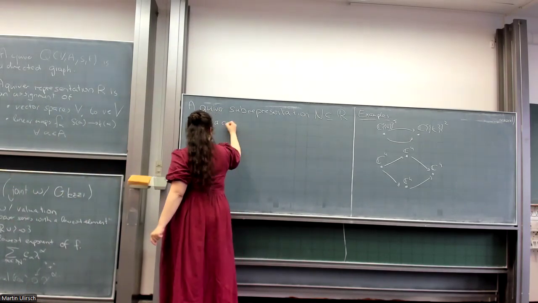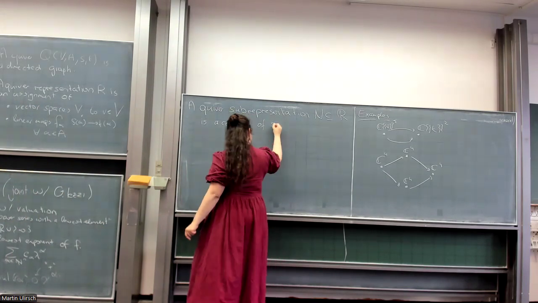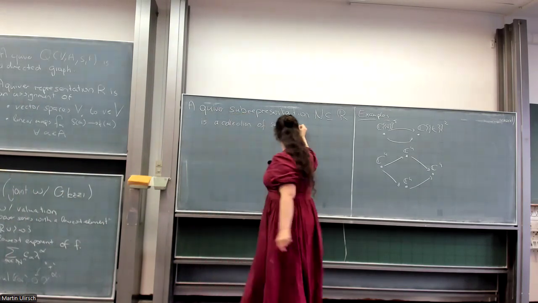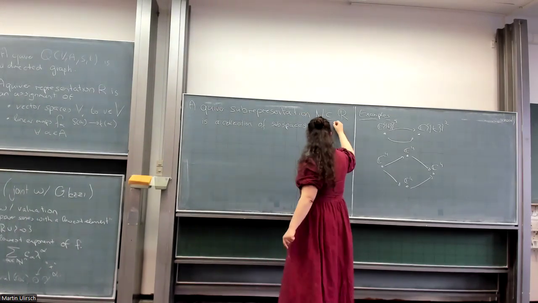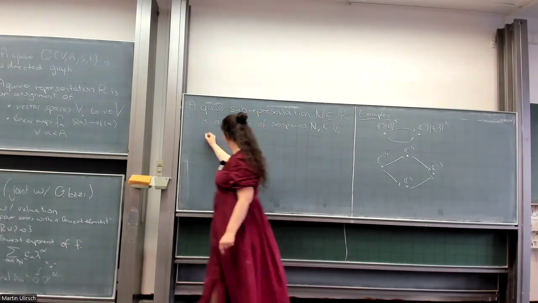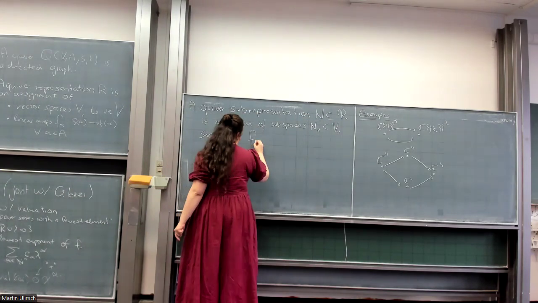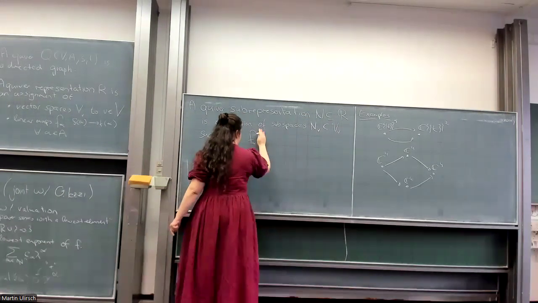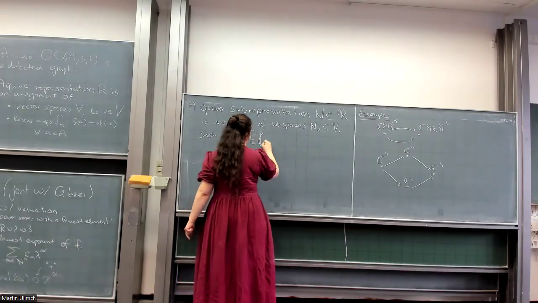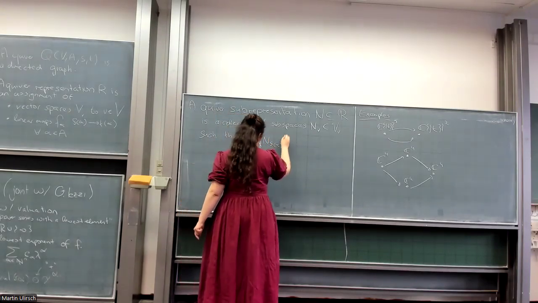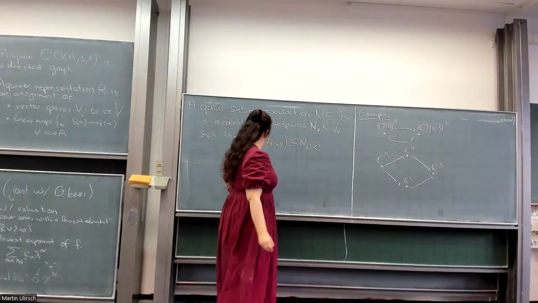It is a collection of subspaces N_v for all of my vertices v, such that f_alpha of N_{source of alpha} is contained inside of N_{target of alpha}.